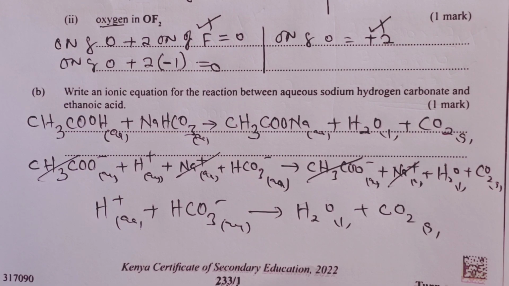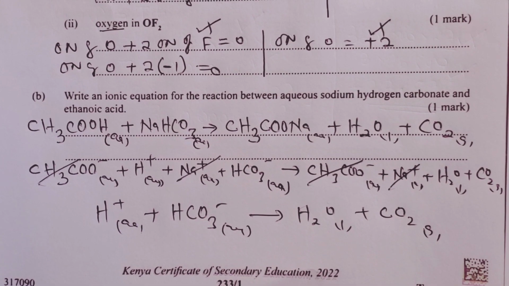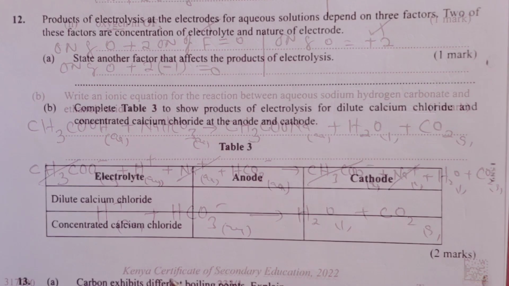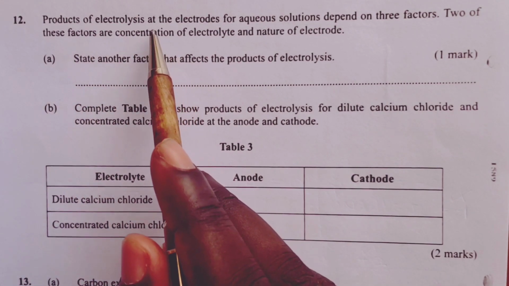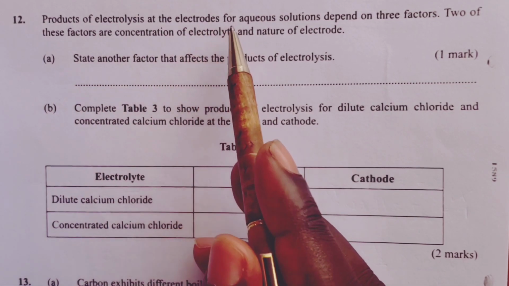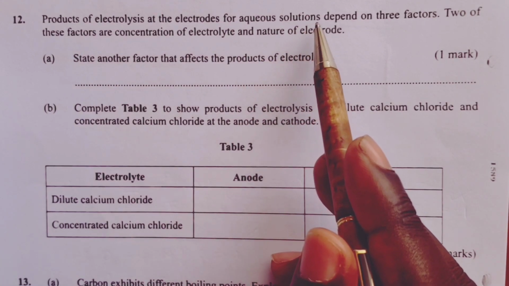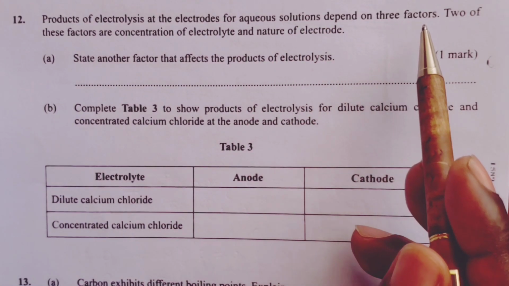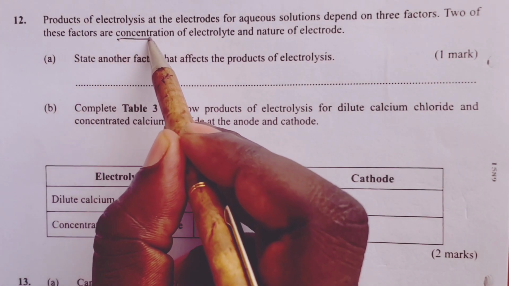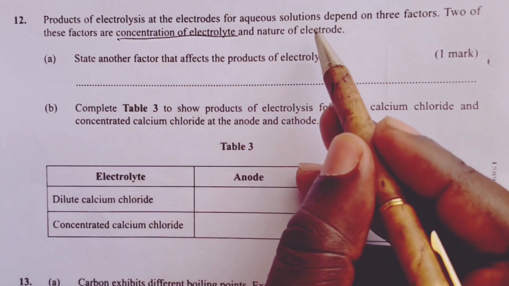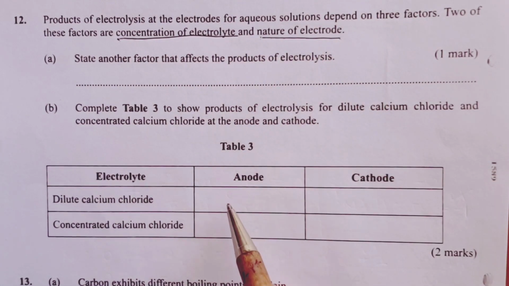Let's finally look at the year 2022 question number 12, which also tested the topic electrochemistry. Products of electrolysis at the electrodes for aqueous solutions depend on three factors. Two of these factors are concentration of electrolyte and nature of electrode.